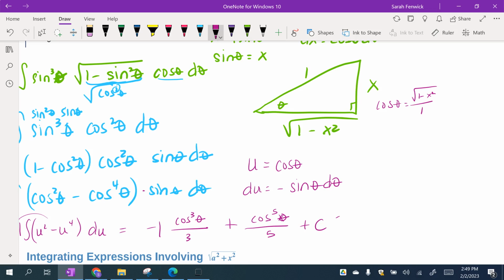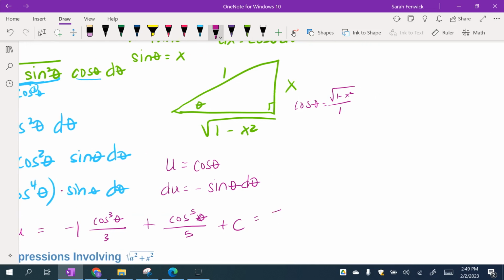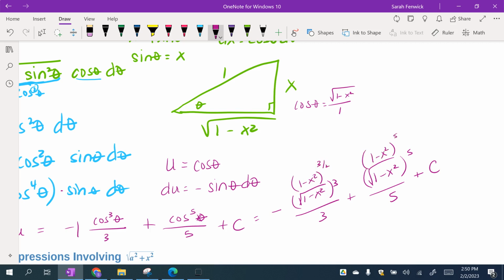So we're going to have negative cosine to the third, which would be square root 1 minus x squared to the third over 3 plus square root 1 minus x squared to the fifth over 5 plus C. So a lot of times they'll take this, and instead of a square root to the third power or square root to the fifth power, they will make it 1 minus x squared to the 3 halves and 1 minus x squared to the 5 halves. Same thing.